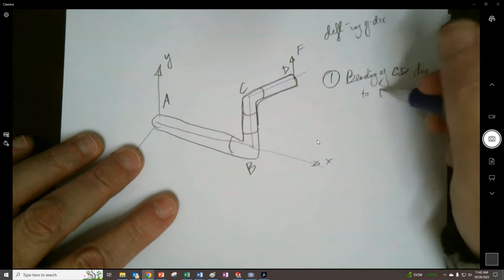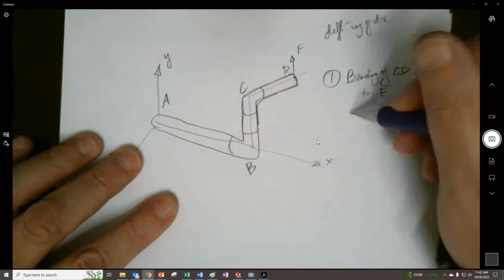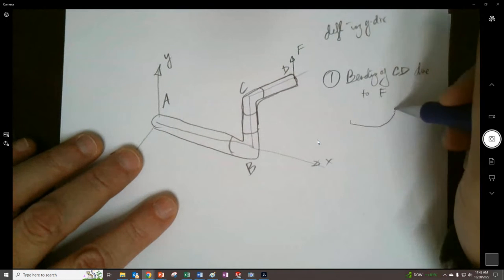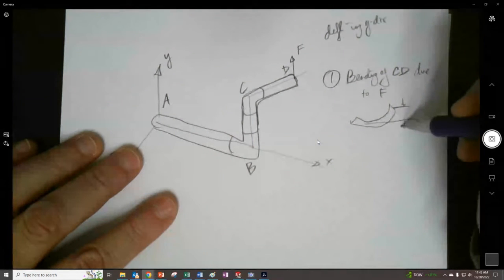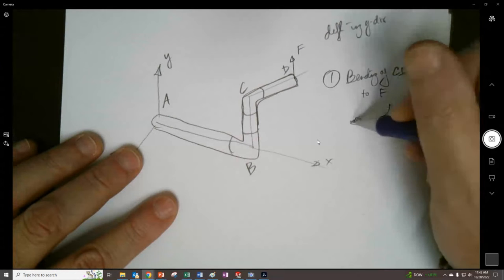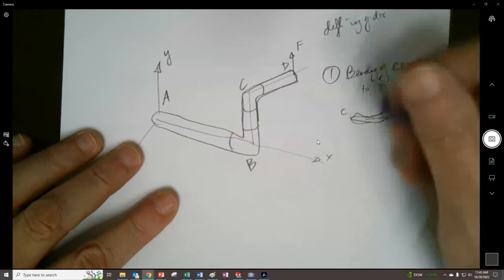And I could do any combination here, by the way. So bending of CD due to F, right? I didn't ask you to make this drawing right there, but you could kind of see that this was C and this is D, that you'd have that deflection.